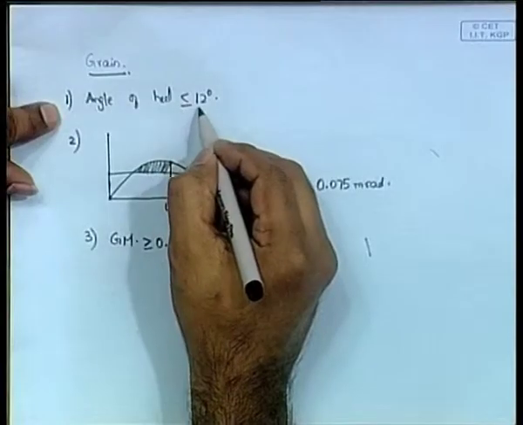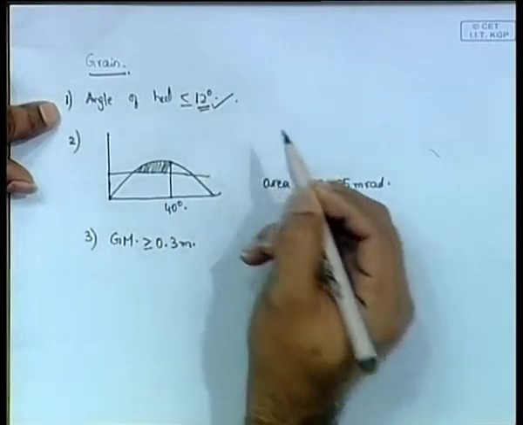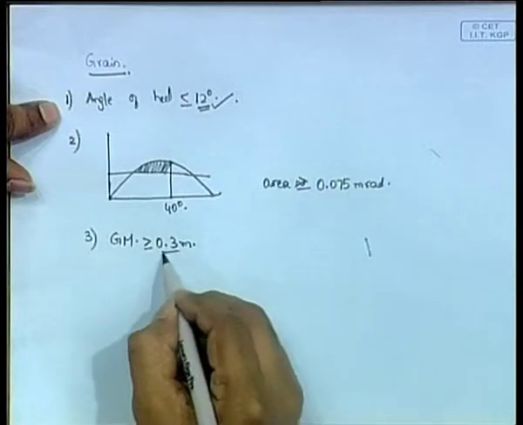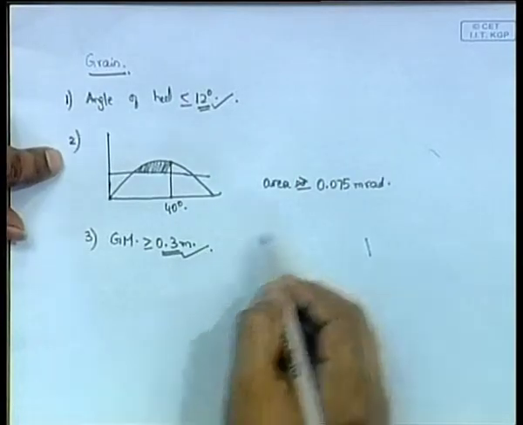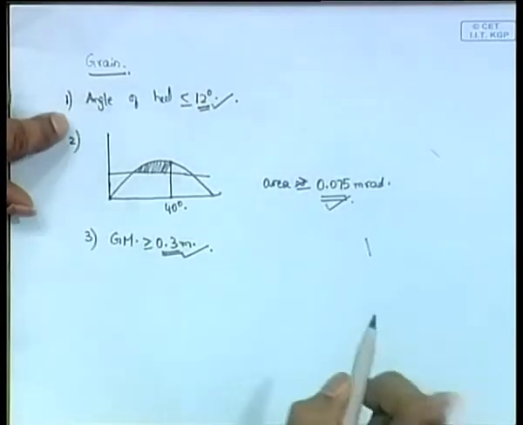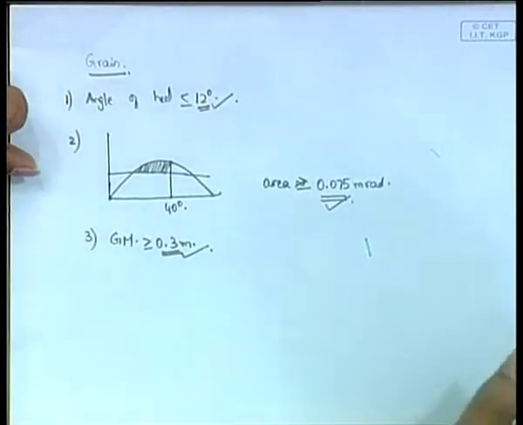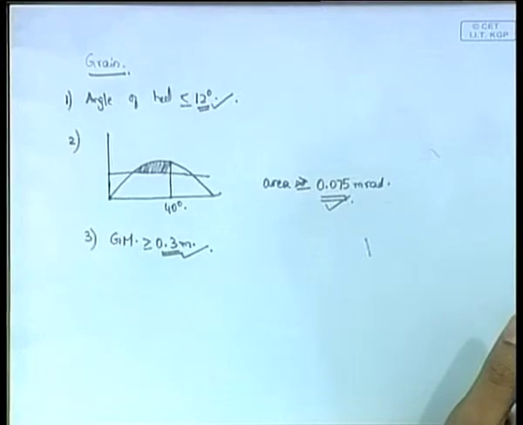If all three rules are satisfied, then yes, the ship is stable. Note that even if it is 12 degrees, it passes the test. Even if it is 0.3 meter, it passes the test. Similarly, here 0.075, it passes the test. It's always equal to or greater than, not strictly greater than. So, if it is any of those values, you pass the ship.